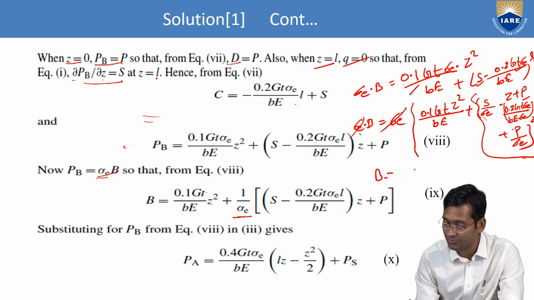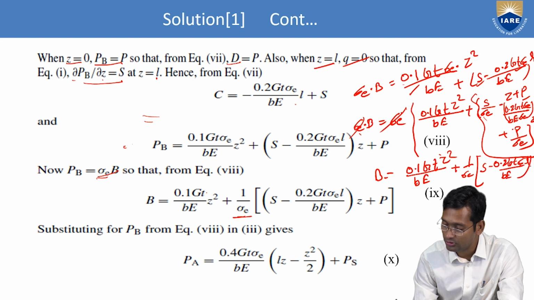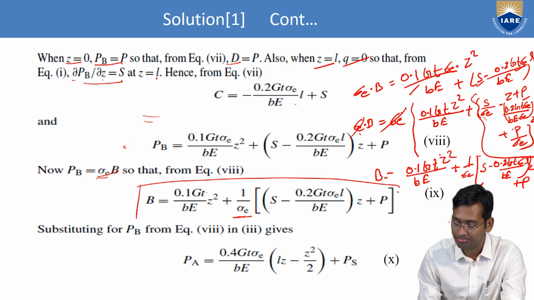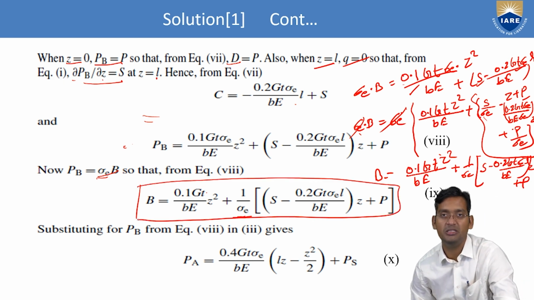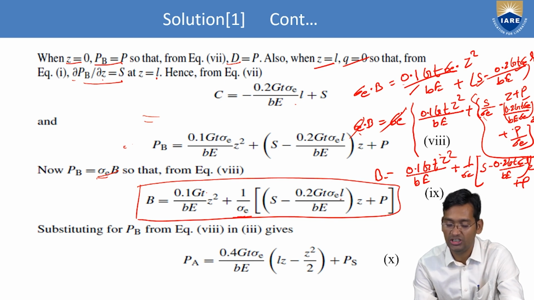So B will be equal to 0.1 GT Z square by BE, plus 1 by sigma E constant, then this will be S minus 0.2 GT sigma E L by BE whole into Z plus P. So this is B equals 0.1 GT by BE into Z square plus 1 by sigma E into S minus 0.2 GT sigma E L by BE into Z plus P.